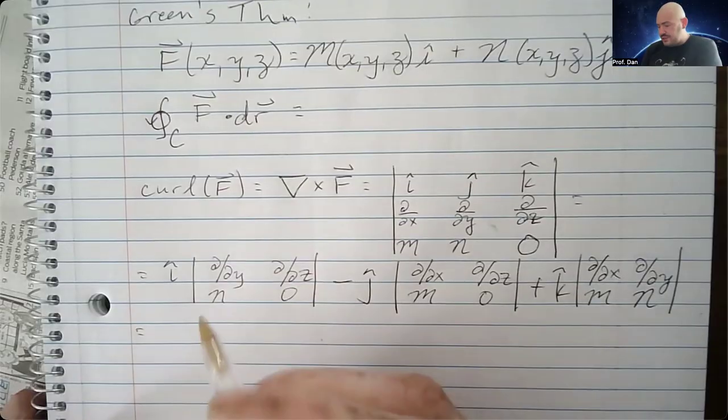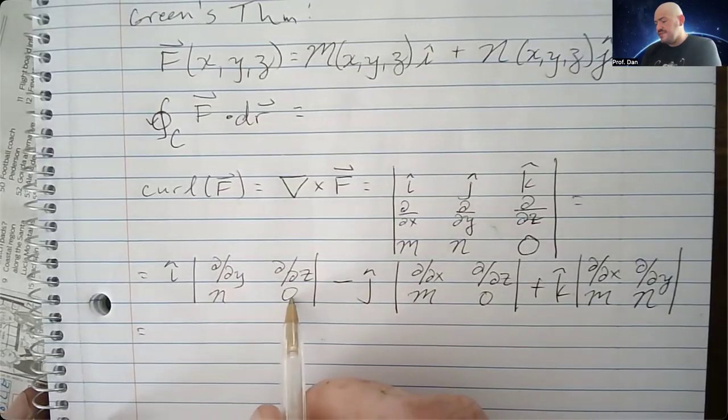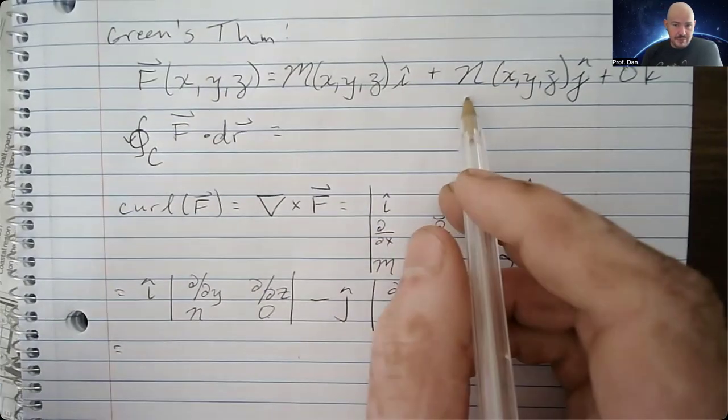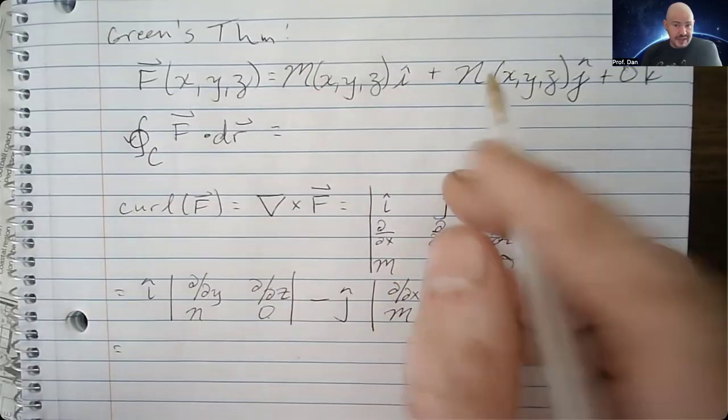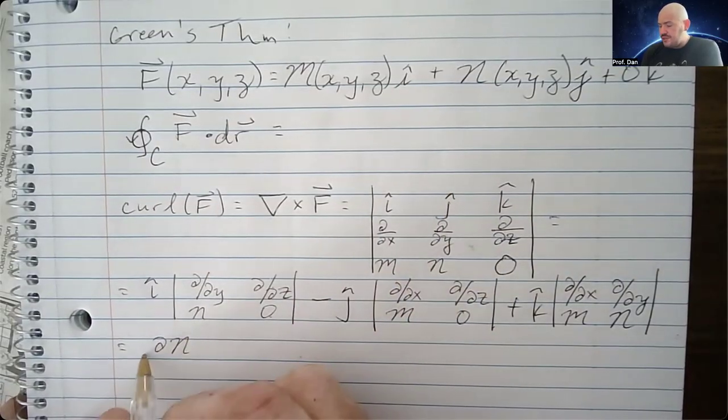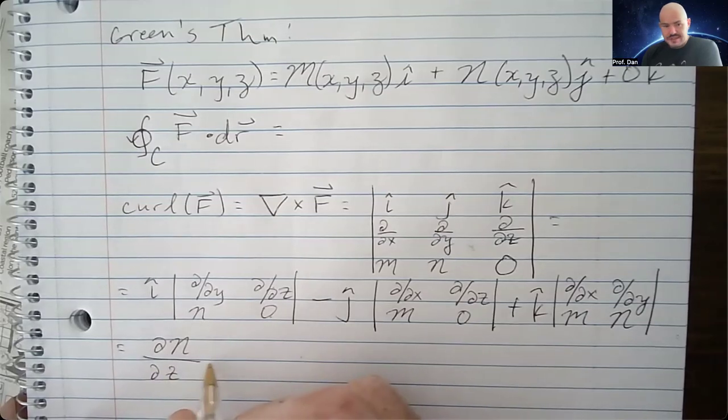And then when I take these 2 by 2 determinants, partial with respect to y of 0 is, you guessed it, 0. Partial with respect to z of n, if we look back up here, remember n can be a function of x, y, and z. So we would essentially get the partial of n with respect to z as the i component.